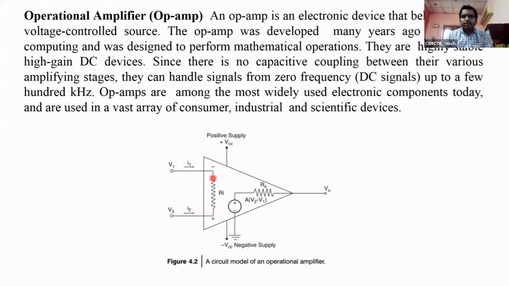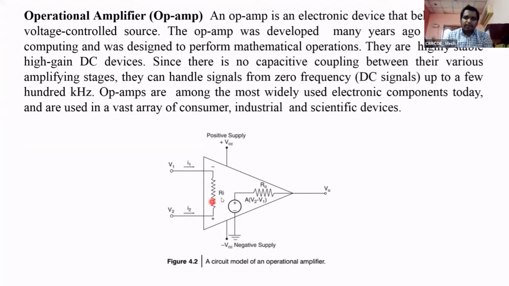There is a resistance at the input. And we have one output, that is V out, the output voltage of the amplifier. Simply, the output is the amplification of the difference between these inputs. V out is the amplification of the difference between V1 and V2.